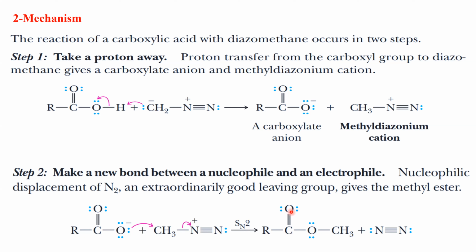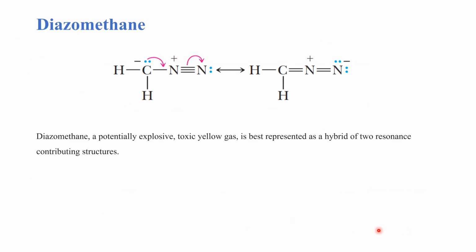Now this is the ester which has formed, and in that case we will only get the methyl esters of that carboxylic acid, and the nitrogen is removed as a byproduct here. Now, this was the mechanism of the second reaction.